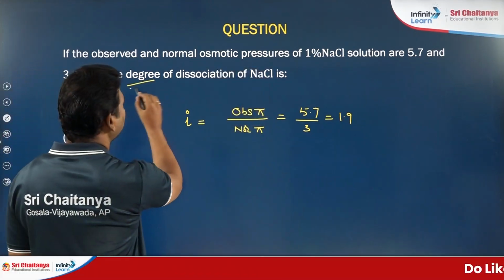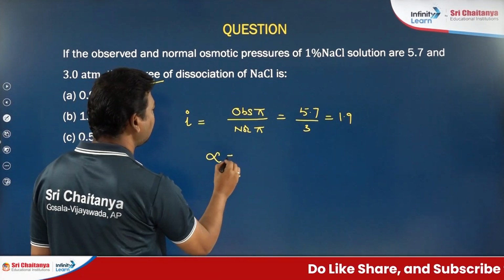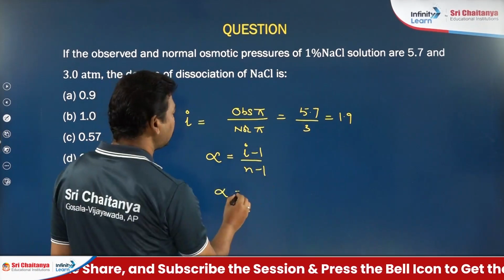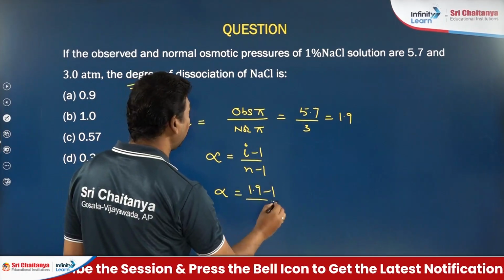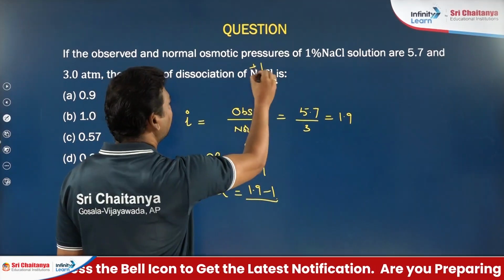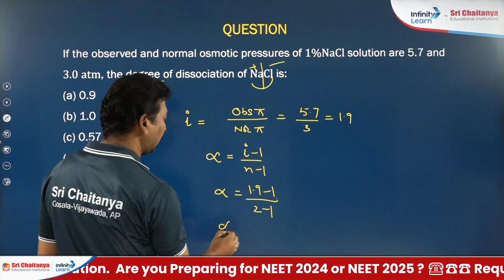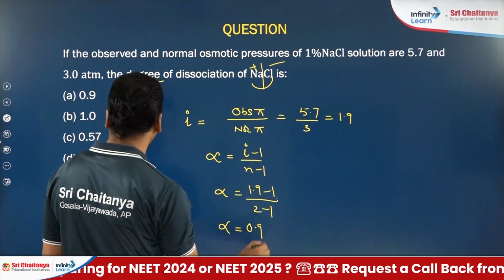Here we need to calculate the degree of dissociation of NaCl. Alpha is equal to I minus 1 by N minus 1. Alpha is equal to 1.9 minus 1 by N value for NaCl. Na plus, Cl minus. How many particles are there? 2, minus 1. Then alpha is equal to 0.9.